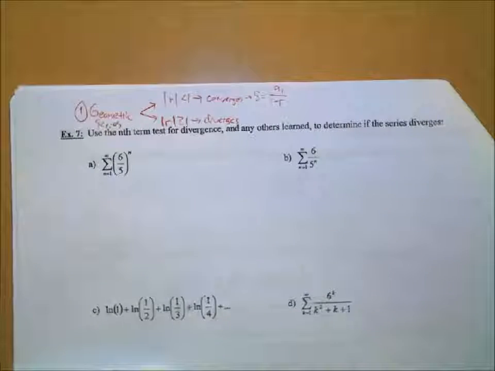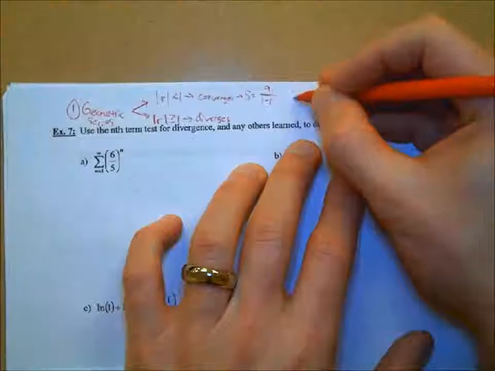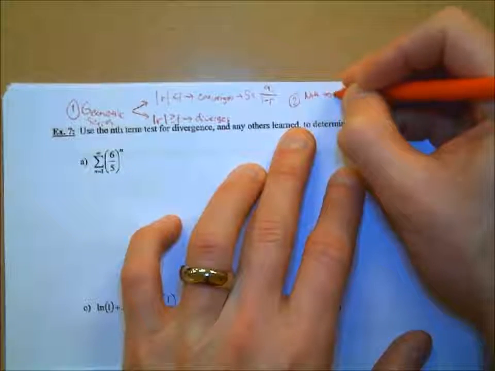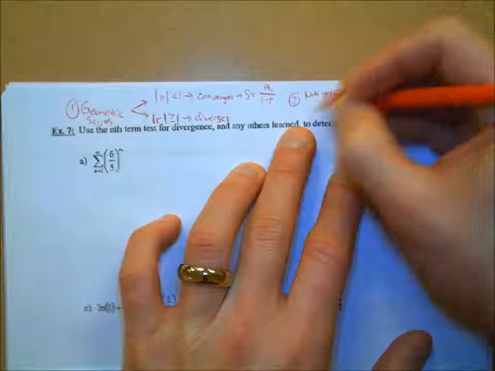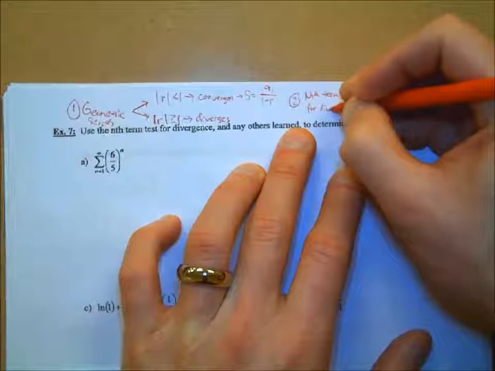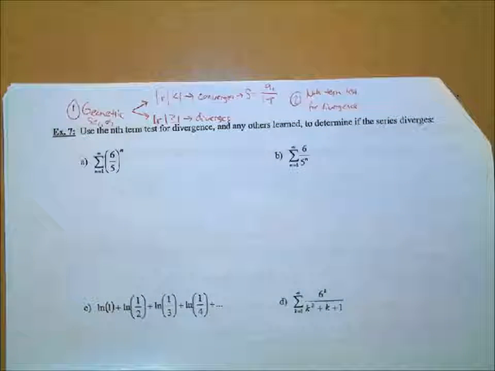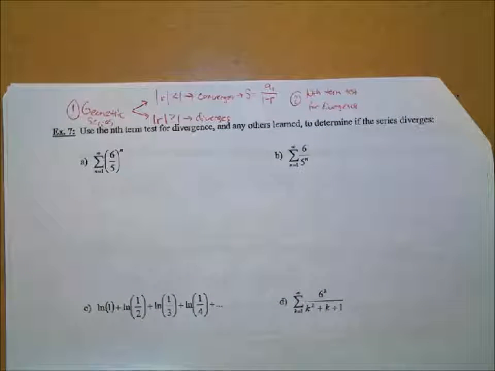And then the other test that we learned just now is the nth term test for divergence. And again, that's why I suggest you really refer to it as the nth term test for divergence and not just the nth term test.